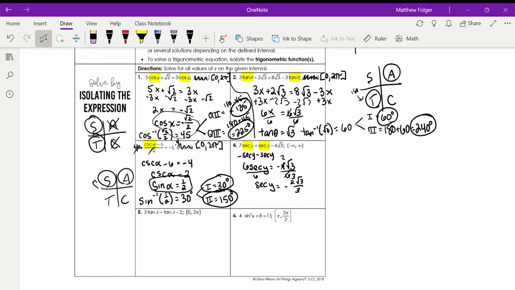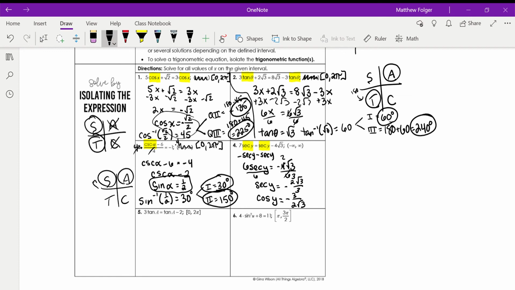All right? So if I want to find that, what I first need to do is remember that I can't plug in inverse secant, but what I can do is flip this. So I can plug in inverse cos of that.